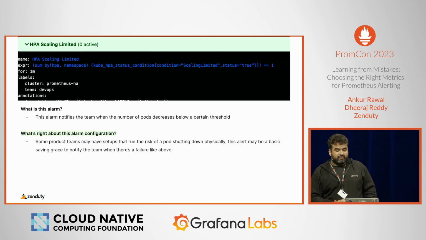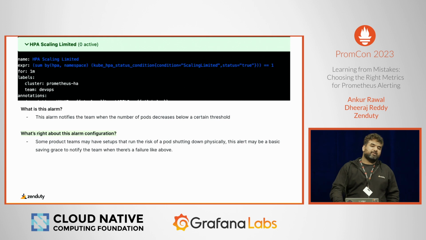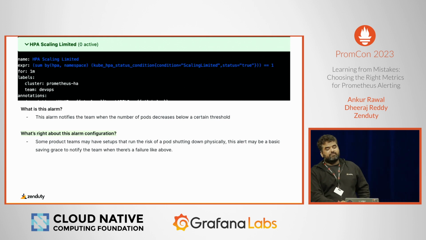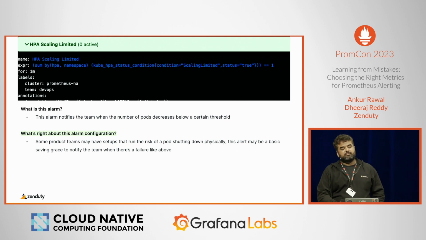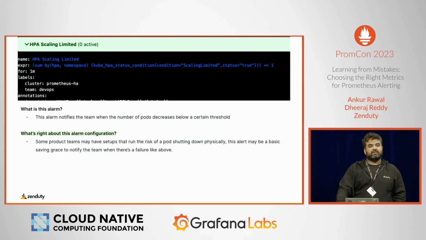The other one is related to our HPA. When we are setting up HPA, we have our min numbers and max numbers, right? So this is related to the minimum number of pods. This kind of alert will come if your minimum number of replicas and your desired capacity are equal.